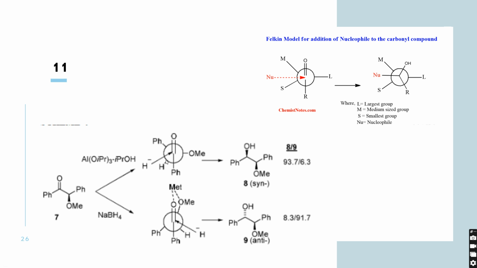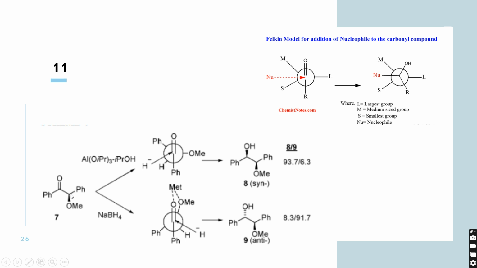Now you have to react your substrate with the incoming hydride. So how will you react it with your hydride? Like, in which direction will the hydride come? The hydride will come from the side of the smallest substituent present on your alpha carbon. So you have phenyl, methoxy and hydrogen present at this carbon, right?